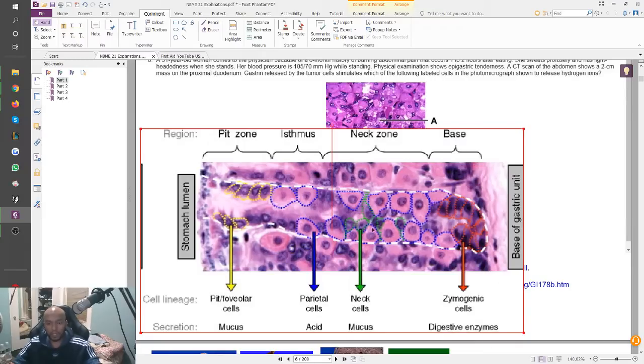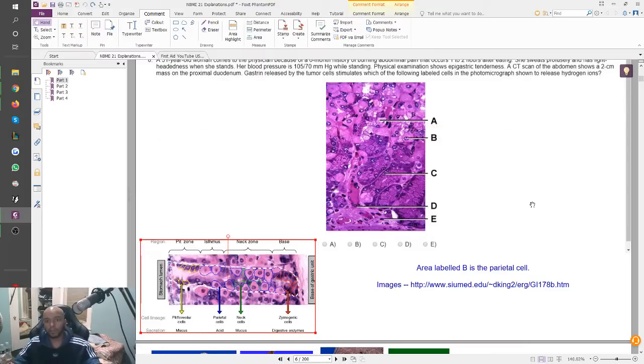The tinier cells are your neck cells that release mucus, not really something significant that you need to know about much. Even the pit zone cells, also not that important, but the mucus releasing cells are actually very tiny and irrelevant. All right? Tiny and irrelevant, but these bigger cells that you're seeing here that are very obviously cells with nucleus and whatnot, those are the guys that are your parietal cells.